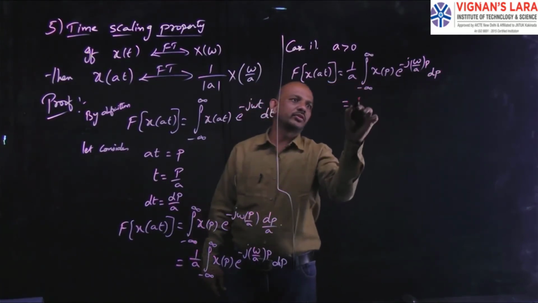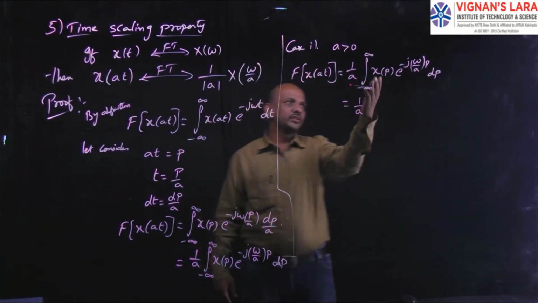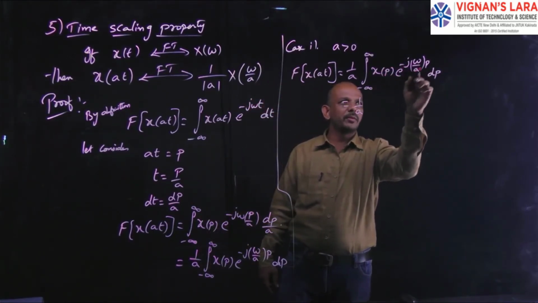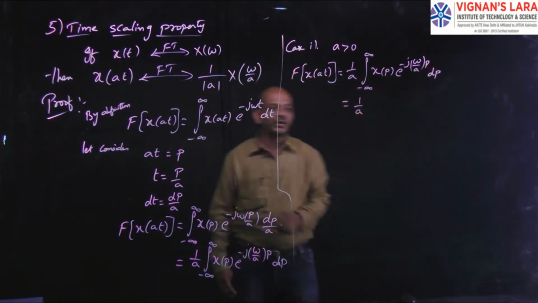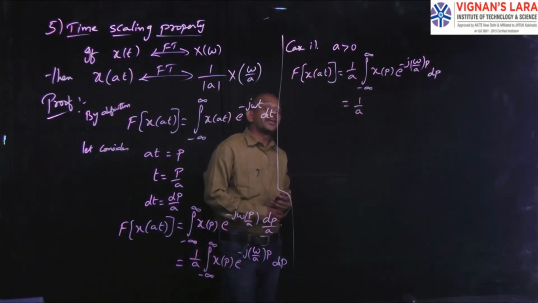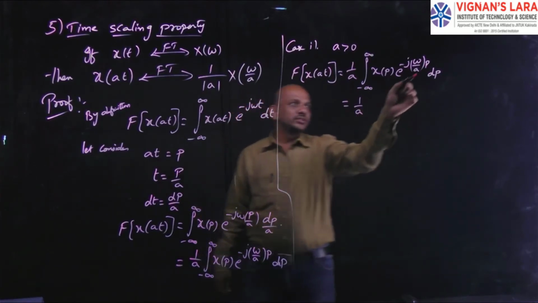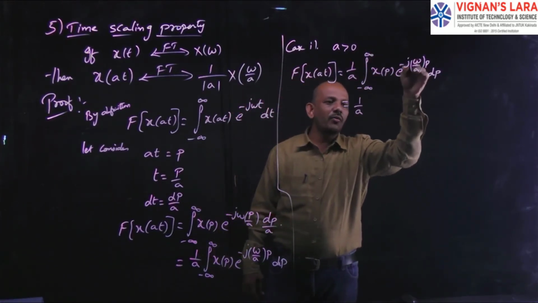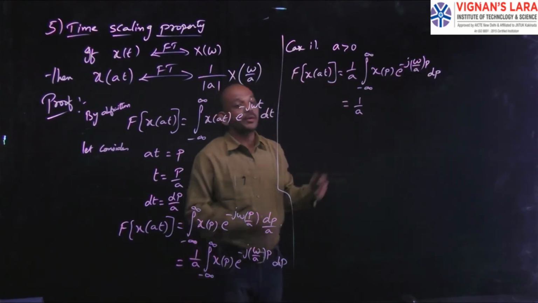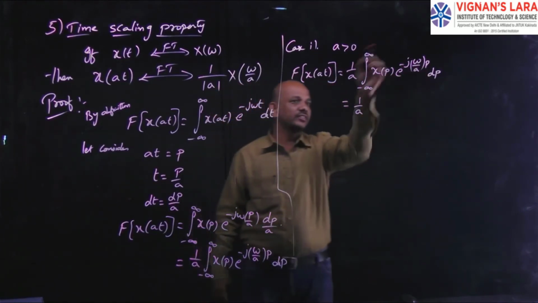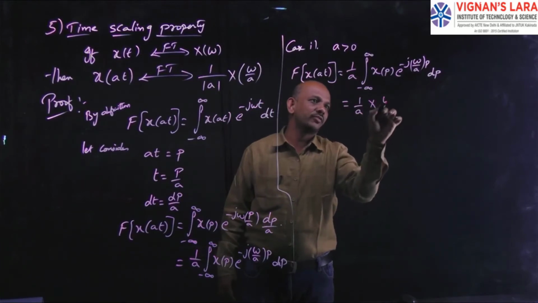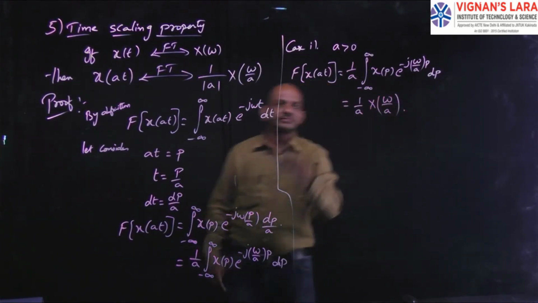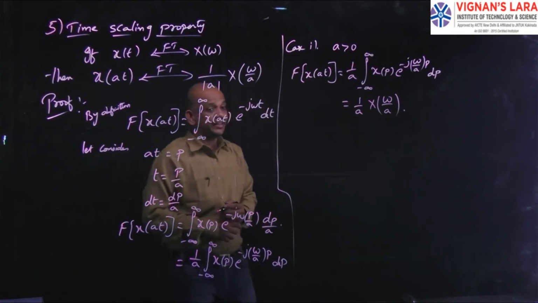If I replace p with t, x of t into e power minus j omega by a into t dt is simply the formula for X of omega by a, because from the standard definition, in place of omega I have omega by a. So capital X of omega becomes capital X of omega by a. This is for a greater than 0, case 1.